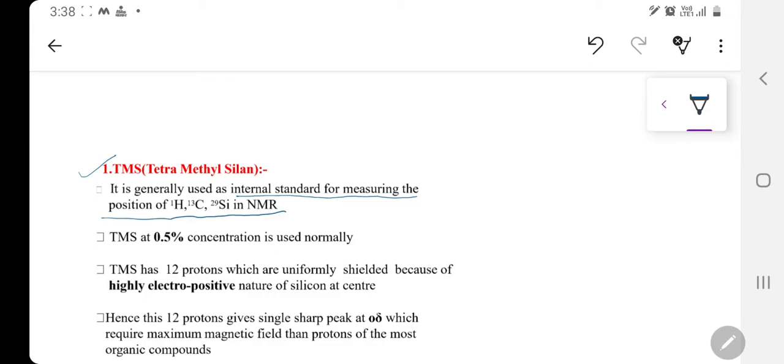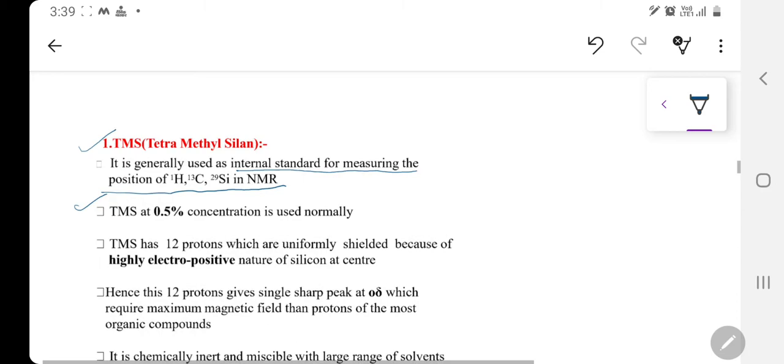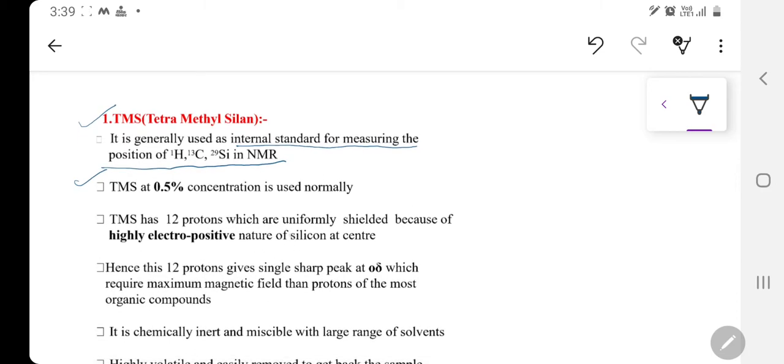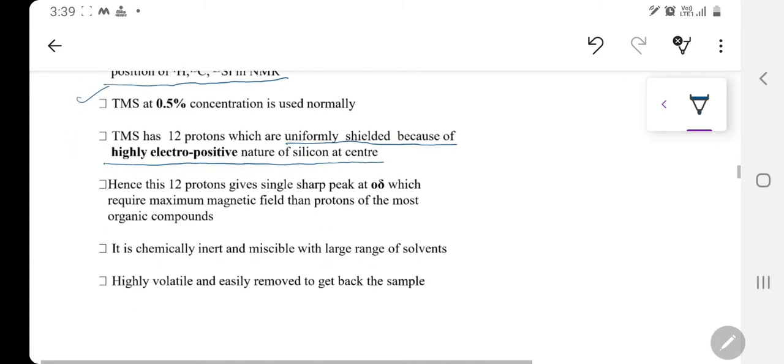Trimethylsilane is the most convenient reference and has the following characteristics. TMS at 0.5% concentration is used normally. TMS has 12 protons which are uniformly shielded because of the highly electropositive nature of silicon at the center.